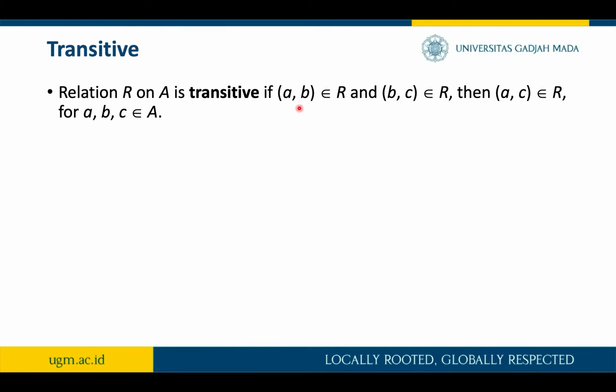So if we have (a, b) and (b, c) in R, then (a, c) should also be in R. That's the transitive relation.